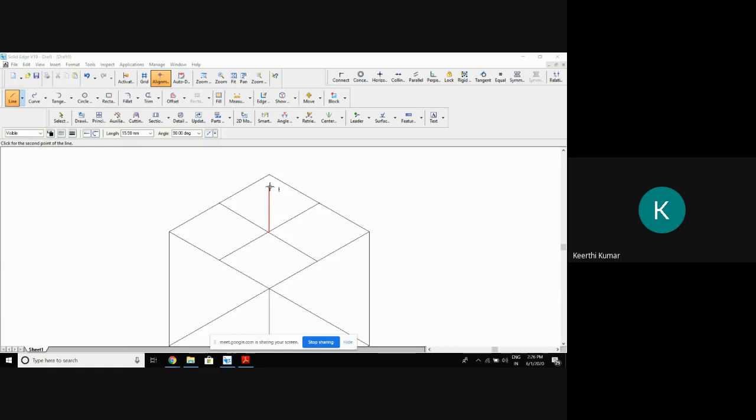I will draw the line which is equal to 25 into 0.8164. That is 20.41. So draw that line and place here.